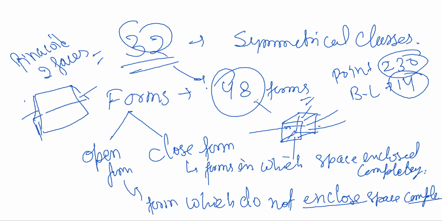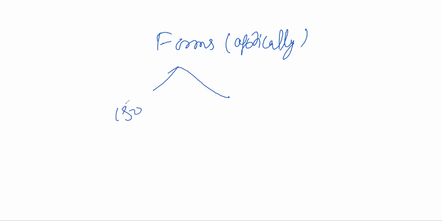So if we see these 48 forms, on the basis of symmetry or optical properties, forms are again divided into two types. Optically, forms are of two types: isometric and anisometric.